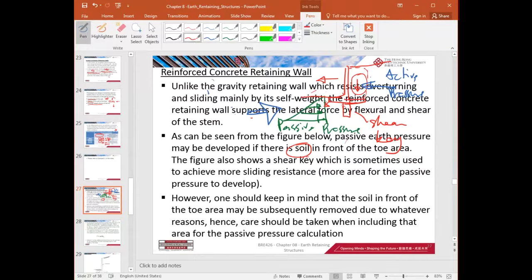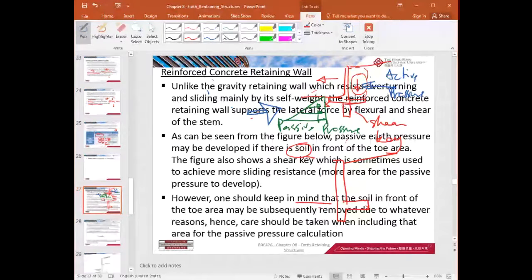Suppose you've got a retaining wall here, right? And you have a very typical shear key here, right?